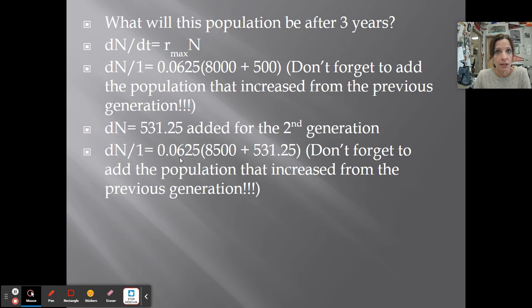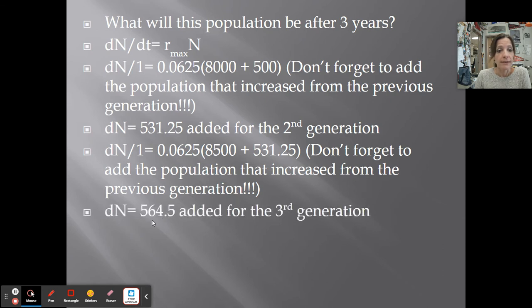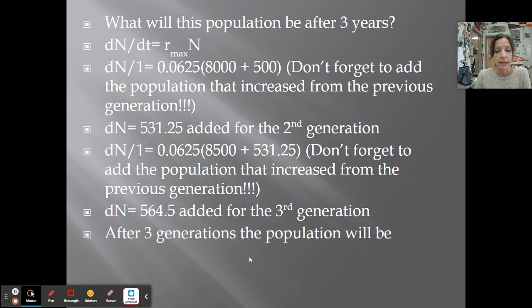So our max doesn't change, it stays constant. The thing that's changing is your population size. And so you add those additional people to your population, and then you get this much added for the third generation, and then you add that. After 3 generations, you should get 9,595, and if you round it, it would be 96.